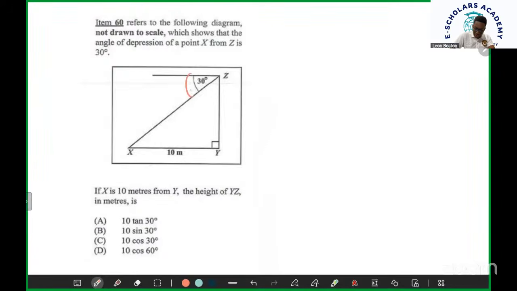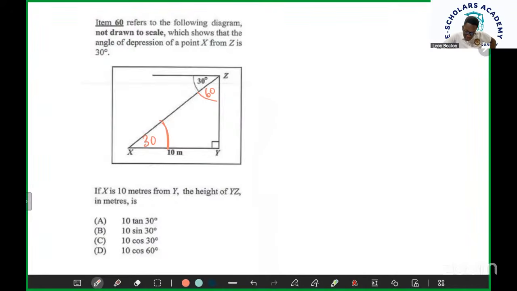So if here is 30, here will also be 30, because we deal with angles of depression. Anyways, or if you want to look at that, if here is 30, here is also 60. Right? So that's why we got 60 and 30 as some of the options.